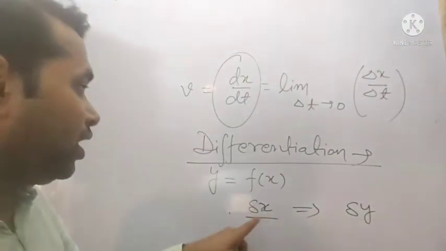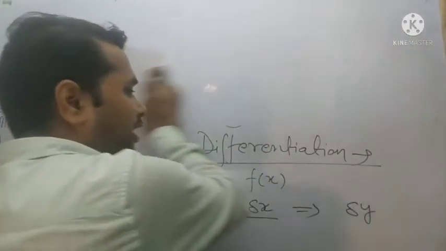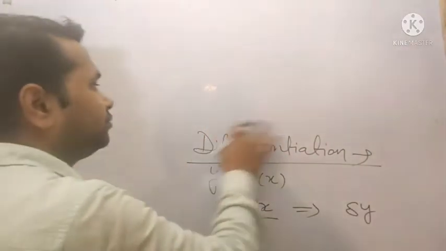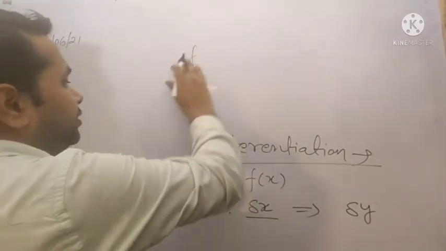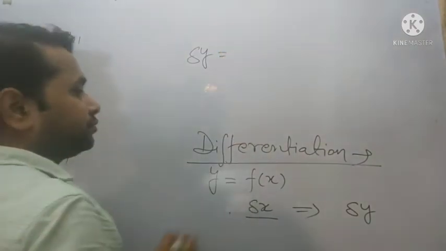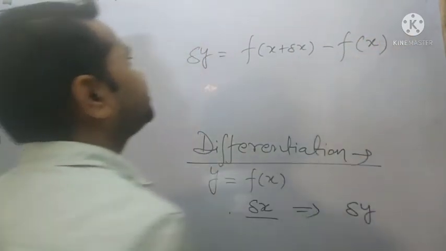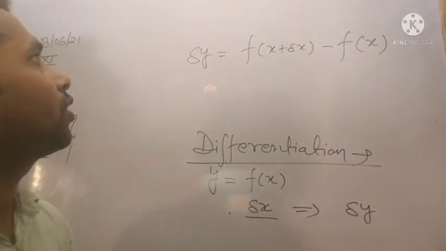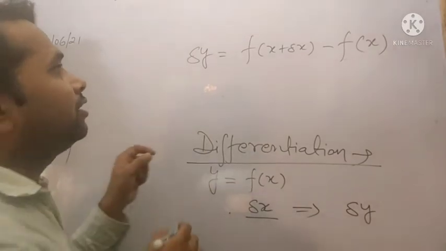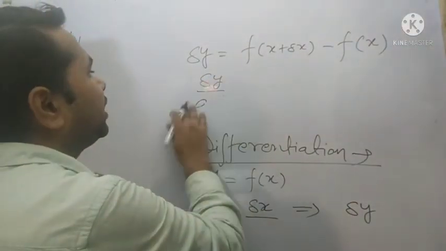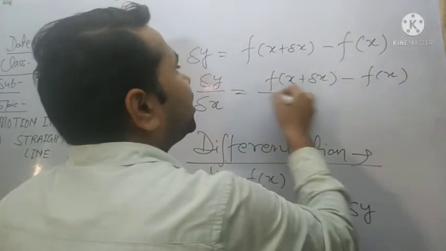And suppose these two, delta x and delta y, are increments in the value of x and y respectively. मतलब x में बढ़ाया गया delta x, तो मान लिया y में भी बढ़ गई है वैल्यू delta y. So we can represent it as delta y equals f(x + delta x) minus f(x). ठीक है, and let's divide by delta x on both sides, so delta y by delta x equals f(x + delta x) minus f(x) divided by delta x.